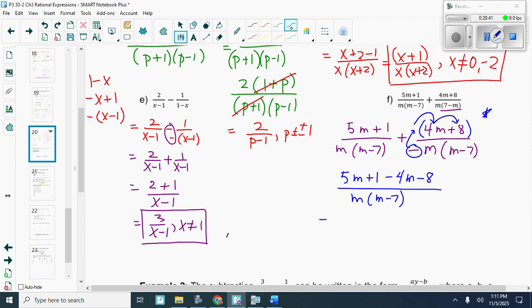Now we collect like terms. 5 minus 4 gives us just m. 1 minus 8 gives us negative 7. They cancel, and we end up with 1 over m. And our restrictions: m cannot equal 0 and 7.